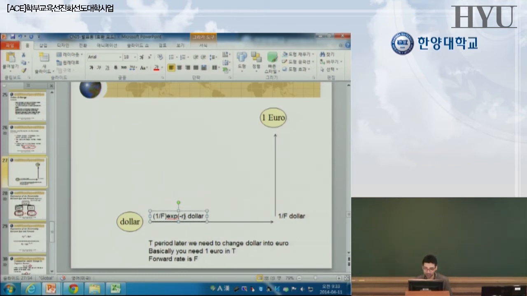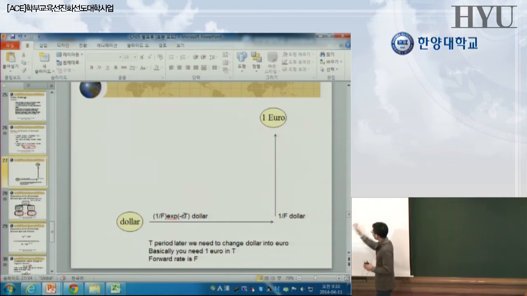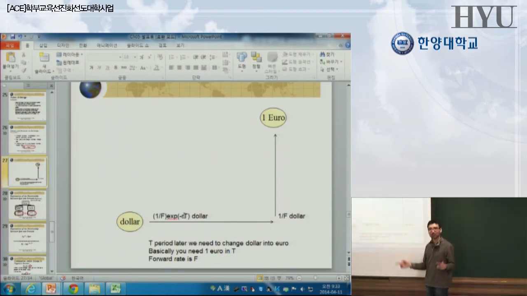It is the continuous compounding discount factor. If you put this money in the bank, it grows and becomes 1 over F dollar, and then through the forward exchange rate, you change it to euro. Done. That's one way of having 1 euro T period later.